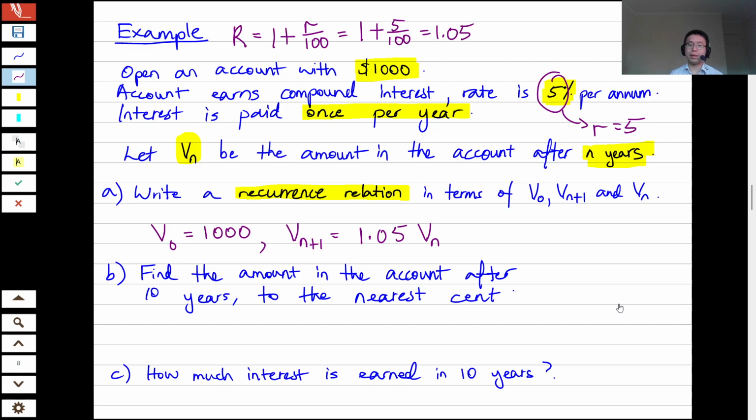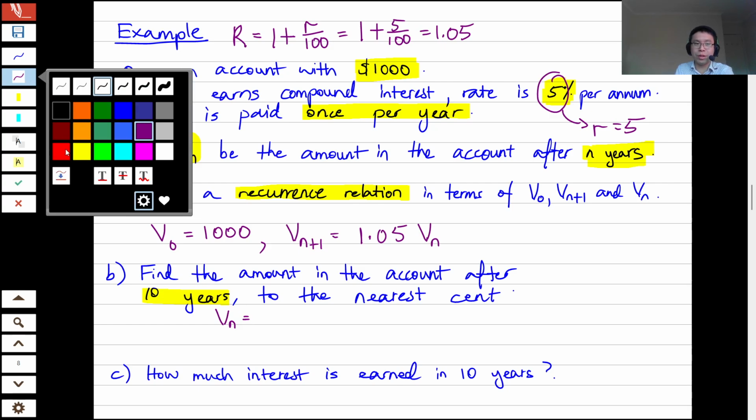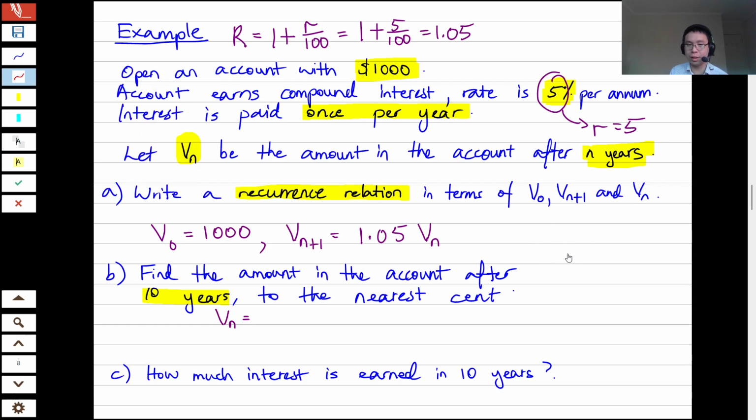So, part B, find the amount in the account after 10 years. So what we want is V10. In order to do this, I'm going to use a rule. I'll write it one more time, because I know that you are still learning this.